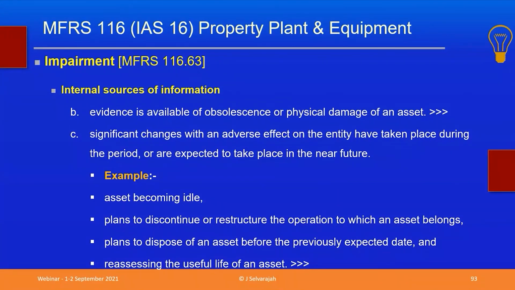Sometimes because of COVID, your factory must be closed. So many factors are taking place. And so what's going to happen to all the equipment getting idle? And then there's no more demand for your products because the community has moved on. Life is moving on. So evidence of obsolescence, physical damage of an asset, significant changes with an adverse effect on the entity taking place, like assets becoming idle.